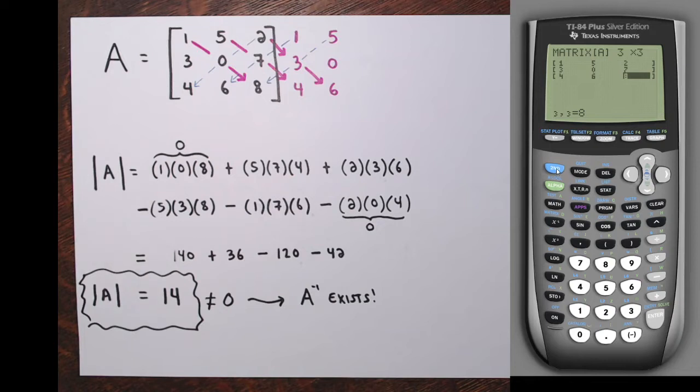And the reason I just changed matrix A is because I already have the determinant of A up. So I'll just re-enter that second entry. And look at that, it's 14. So I did this correctly.